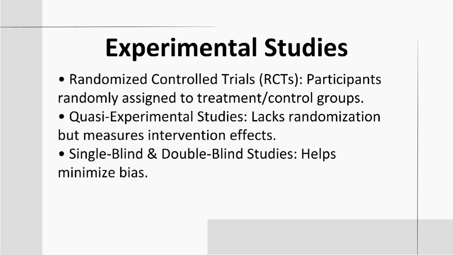This eliminates bias and ensures that the results are reliable. Other types of experimental studies include quasi-experimental studies. These lack full randomization but still assess the impact of interventions. Single-blind and double-blind studies. These methods reduce bias by keeping participants, single-blind, or both participants and researchers, double-blind, unaware of treatment assignments.